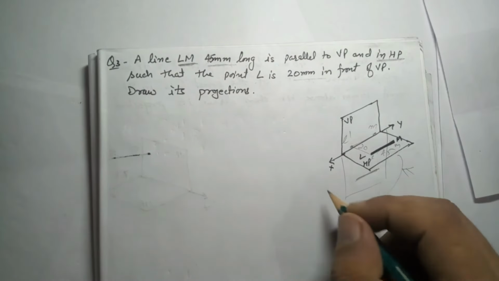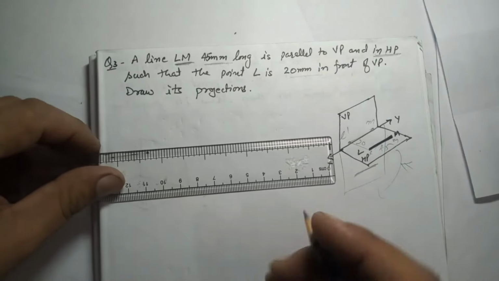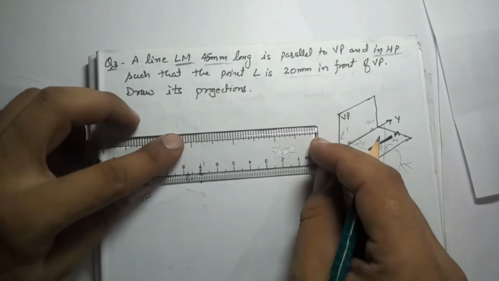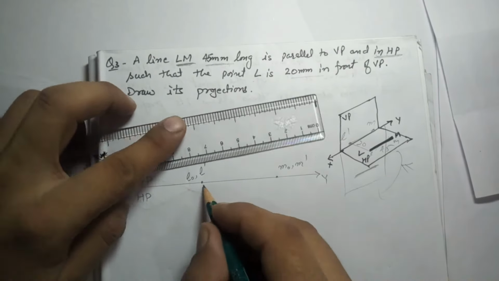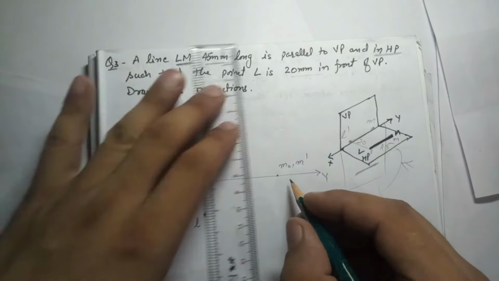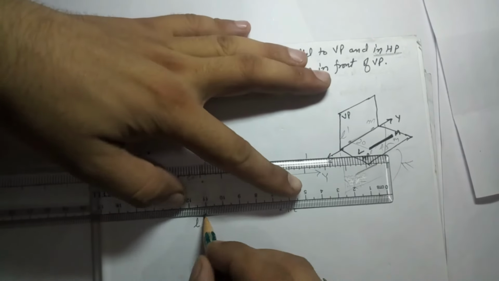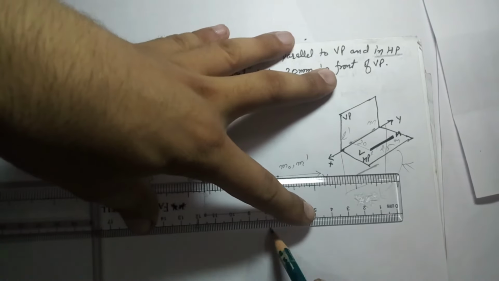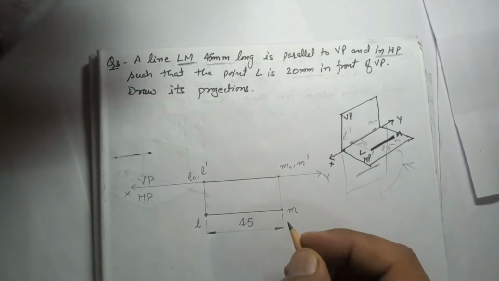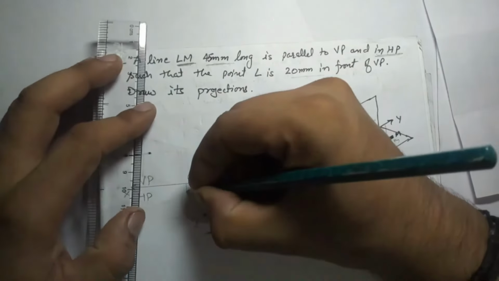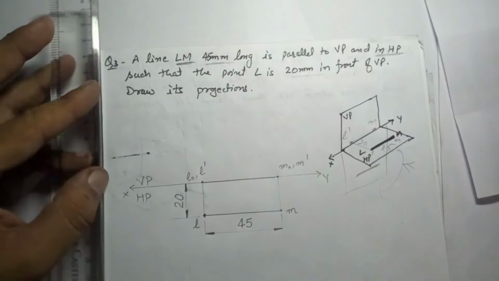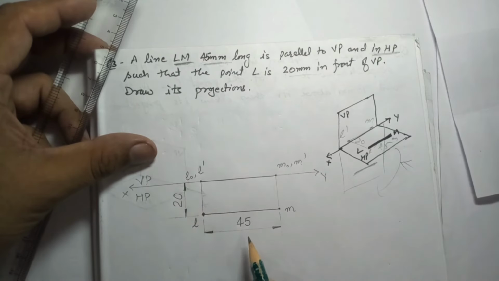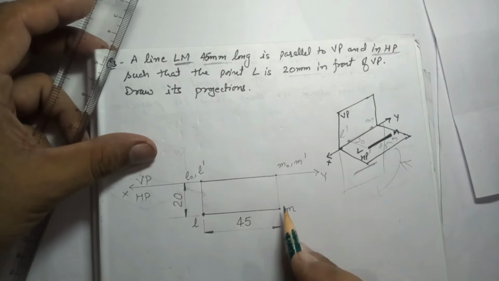Okay, so let's see what is the solution here. Right, so this is the solution, only front view and top view dark, nothing else. You have to write 45 and 20 using the aligned system.